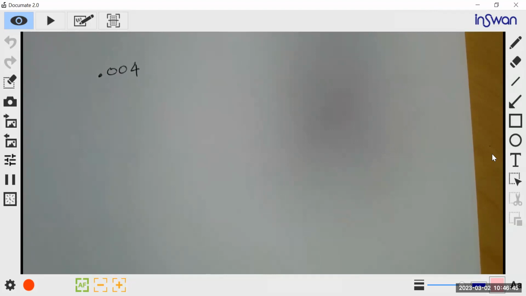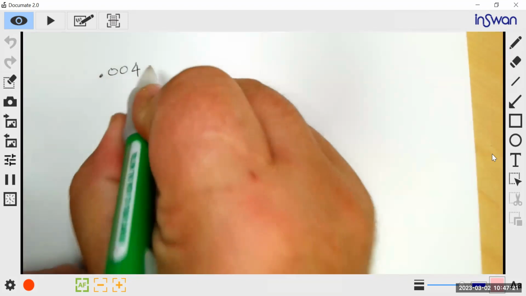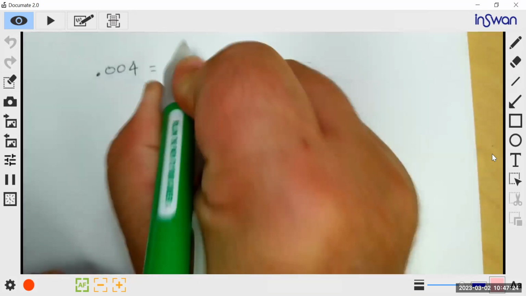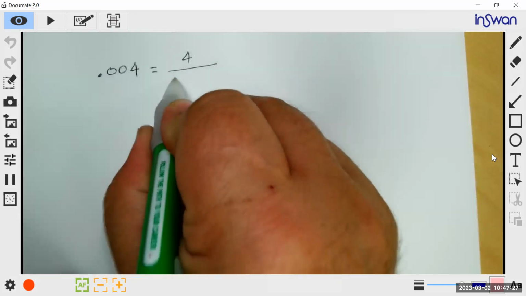Convert that one to a fraction. That'd be 4 over 1,000.